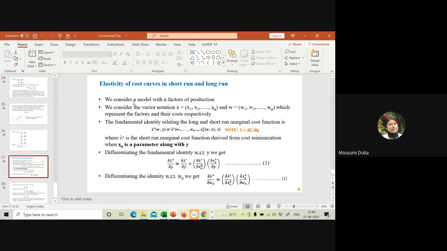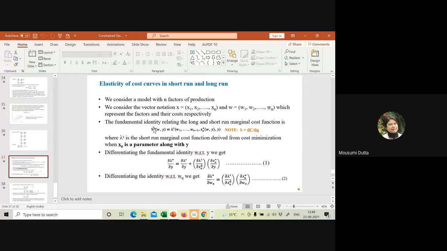For every short run marginal cost, there will be a point where it cuts the long run marginal cost, whereas the long run total cost and long run average cost are envelope curves.